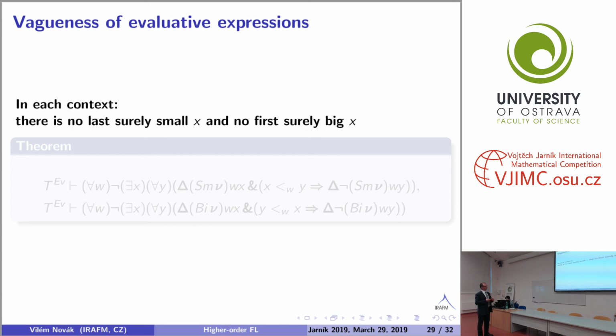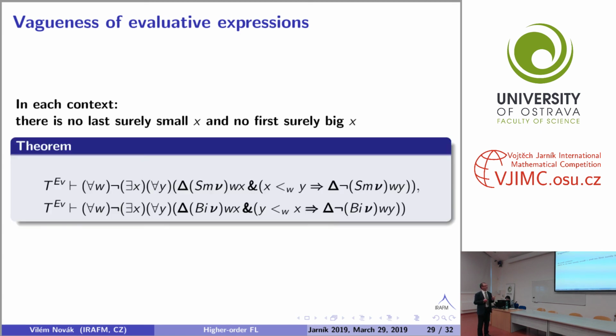Also, this can be extended not only to natural numbers, but to arbitrary numbers. Such a theorem can be proved: there is no last surely small x and no first surely big x. So the continuity holds not only for natural numbers, as in my previous theorem, but also if we consider real numbers.